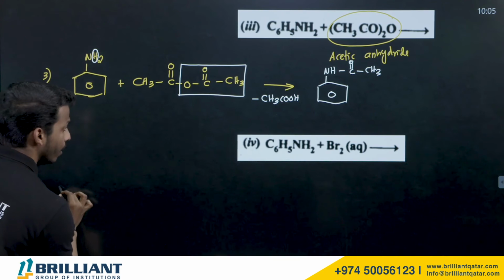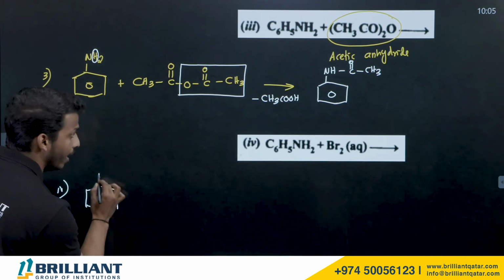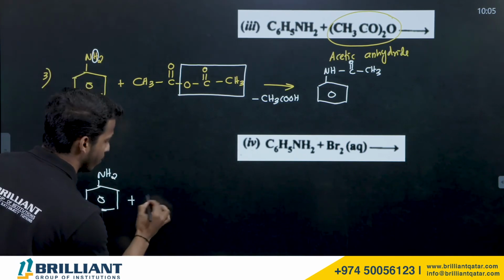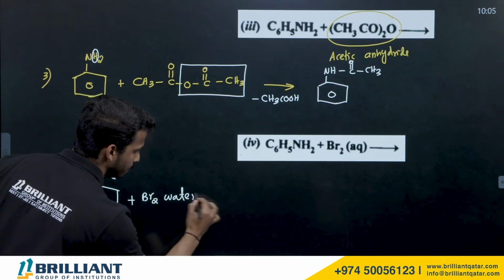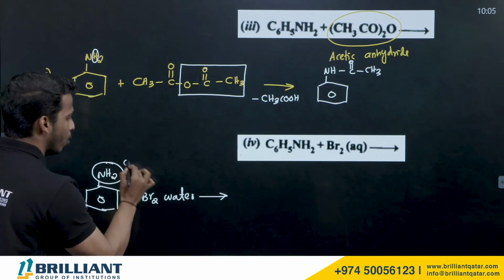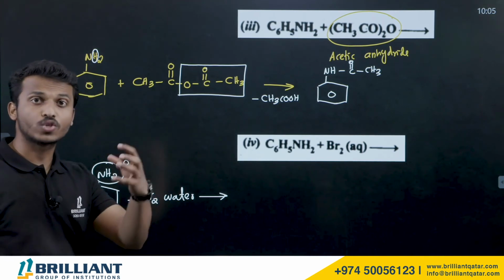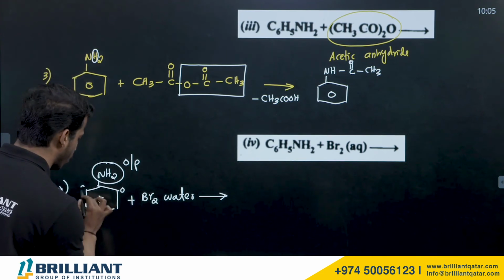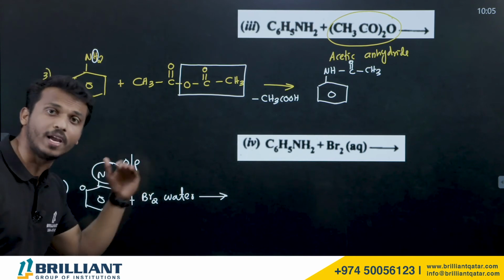Last reaction. Benzene with NH2, again aniline. Here we are treating with the aqueous bromine, which means bromine water. Dear student, aniline is an ortho-para directing group. Bromine water is a very strong brominating agent. So all the ortho and para positions are occupied by bromine.